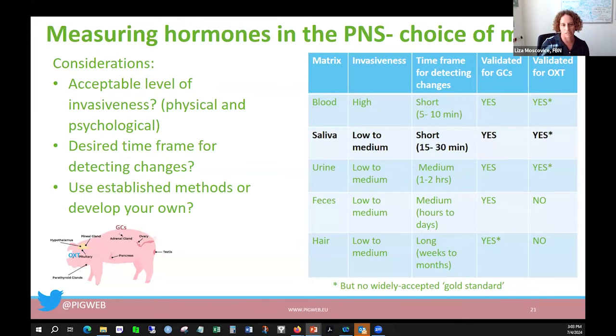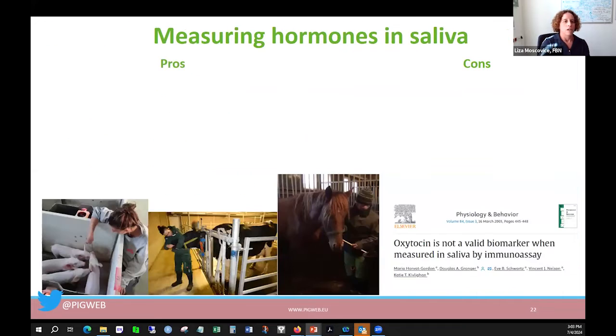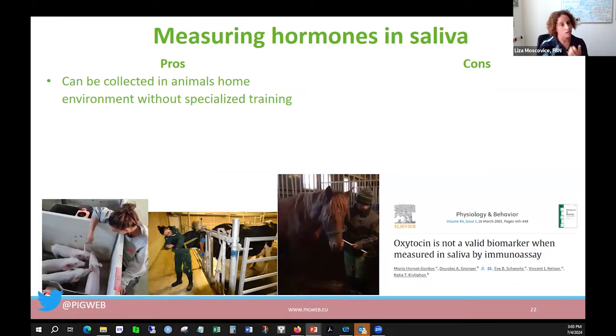Good. So we're going to focus on saliva today, which is the matrix I measure hormones in, mostly in pigs. The pros of using saliva are that you can collect samples from animals in their home environment, in their social groups, without specialized training.